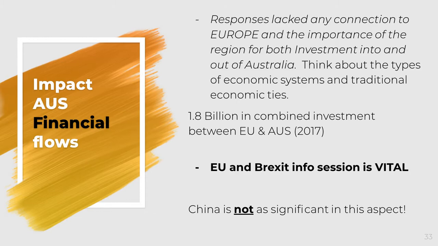And in particular for financial flows, Europe is really important. 1.8 billion in combined investment between the EU and Australia in 2017. So China is not as significant. In terms of our trade flows, yes, China's the top dog. But in terms of our financial flows, Europe, okay, and even Japan is more important here.